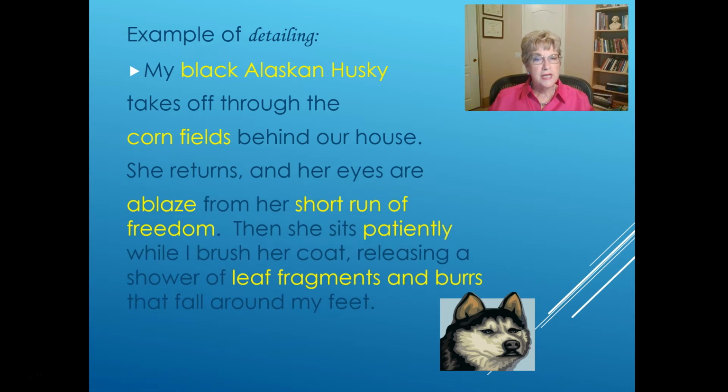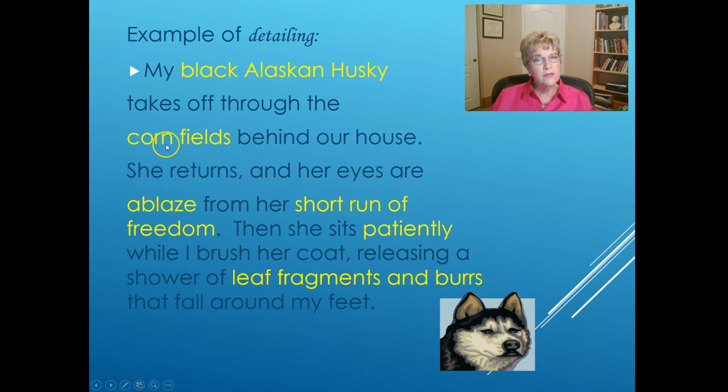She returns, and her eyes are ablaze from her short run of freedom. Then she sits patiently while I brush her coat, releasing a shower of leaf fragments and burrs that fall around my feet. Okay, so just a few details. The writer has invited us into this little moment. We know the breed of the dog and the color.